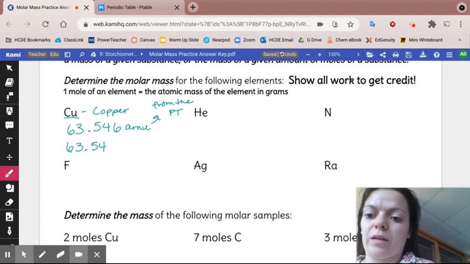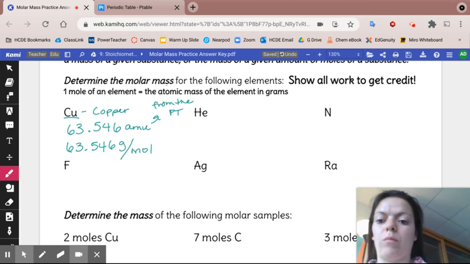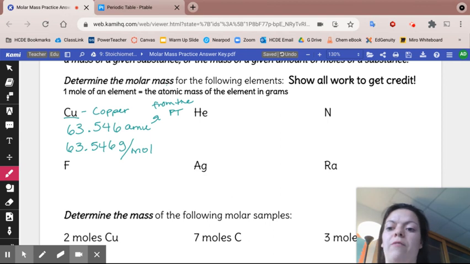So I've got this in grams per mole. And that tells me that for copper, for every 6.022 times 10 to the 23rd, which is Avogadro's number, atoms of copper, it's going to weigh 63.546 grams.